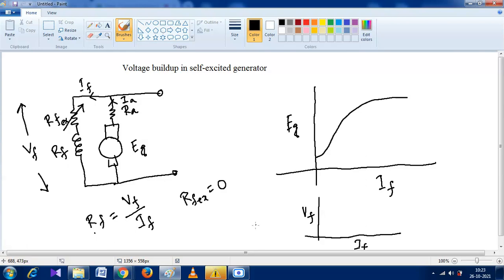And if we plot VF and IF, then what is the nature of the curve?